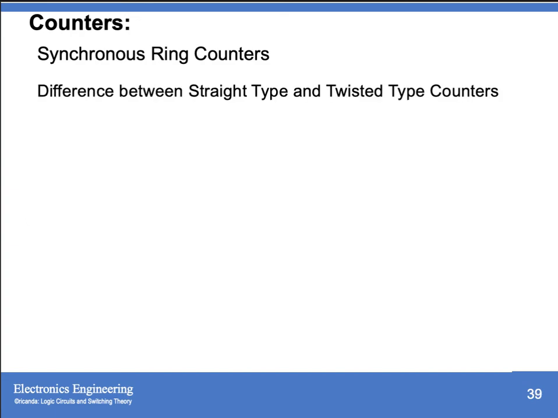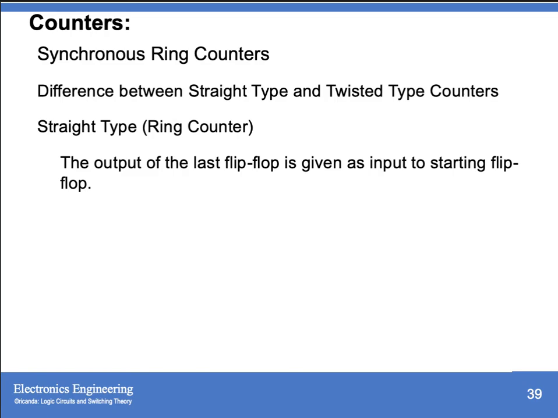So the difference between your straight type and twisted type counters: for your straight type or ring counter, the output of the last flip-flop is given as the input of the starting flip-flop. The number of states is equivalent to the number of flip-flops used. So if we have 4 states, it means we also have 4 flip-flops being used.